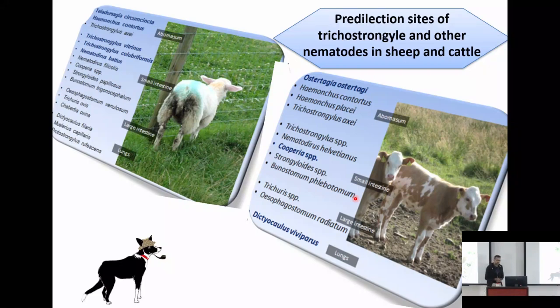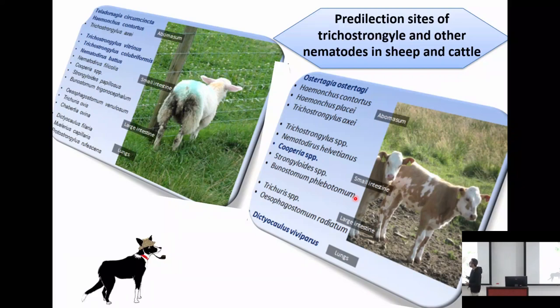And the predilection site of these Trichostrongyles in ruminants: in sheep, in the abomasum, Haemonchus and Teladorsagia normally reside there. In the intestine, Trichostrongylus species like vitrinus or colubriformis are there, and Nematodirus are there.